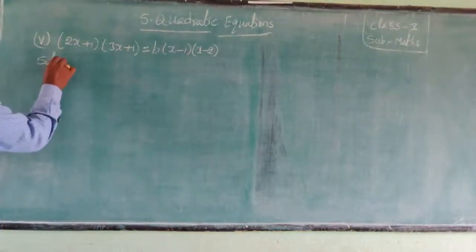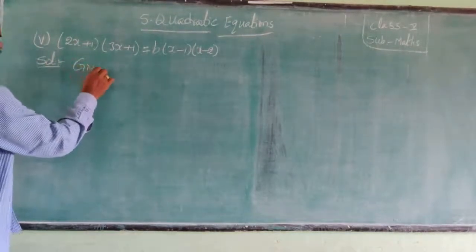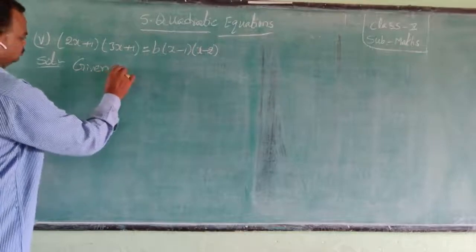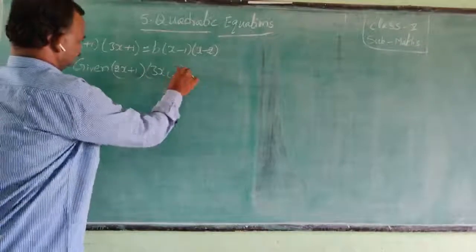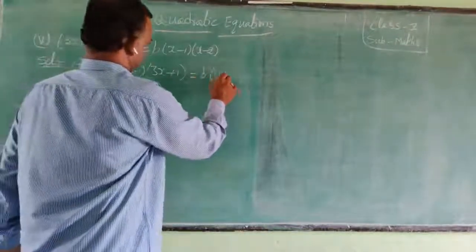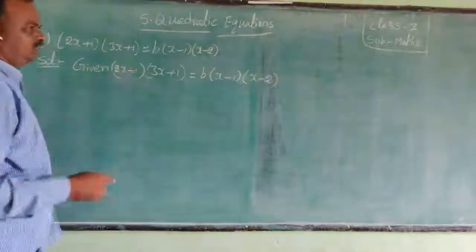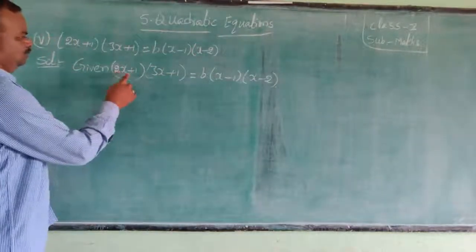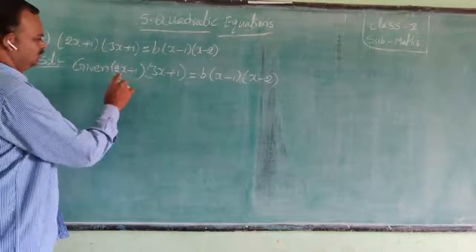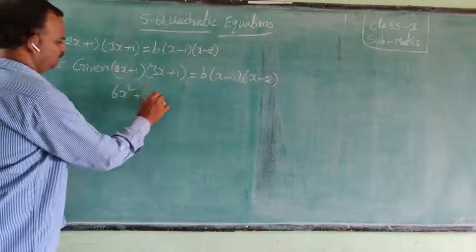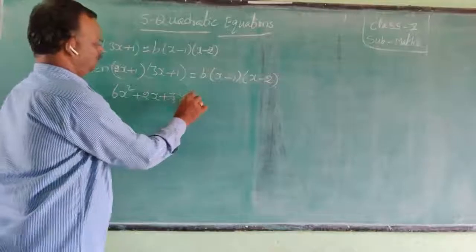Solution. Write the given equation. Now we are multiplying these values. 2x into 3x, 6x square. 2x into 1, 2x. 1 into 3x, 3x. 1 into 1, 1.